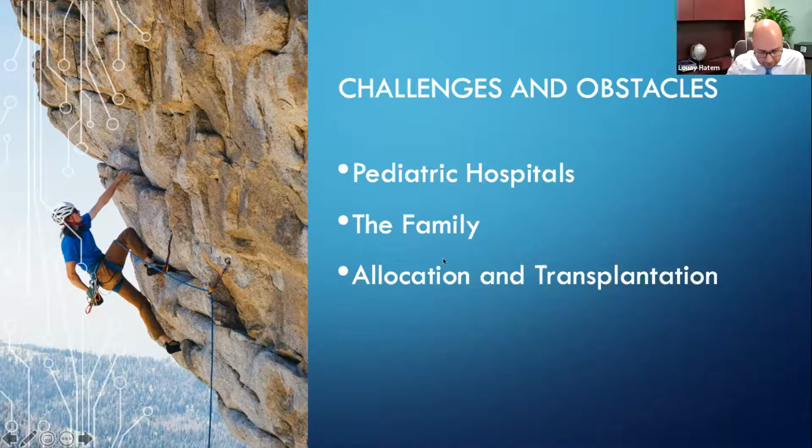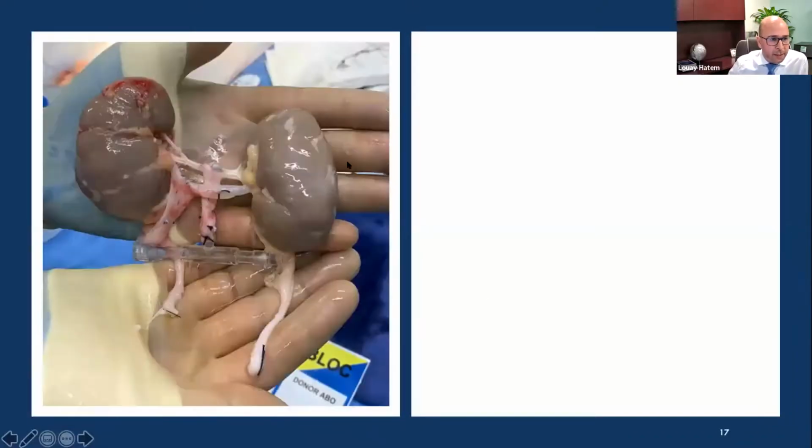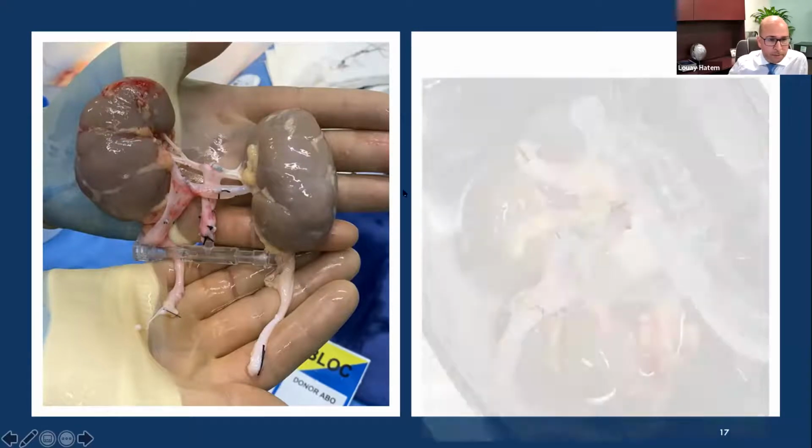Allocation and transplantation, as I mentioned, finding a matching size is challenging. Most of the organs donated are liver and kidneys. This is a picture of en bloc kidneys recovered from a 5-month-old, prepared en bloc and placed on the pump.